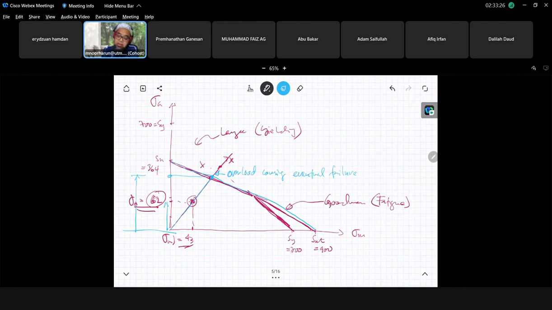Eventual failure, just border, the maximum eventual failure. So this value, let's say y1 to y2, so the safety factor is equal to y1 over y2, using the graph.